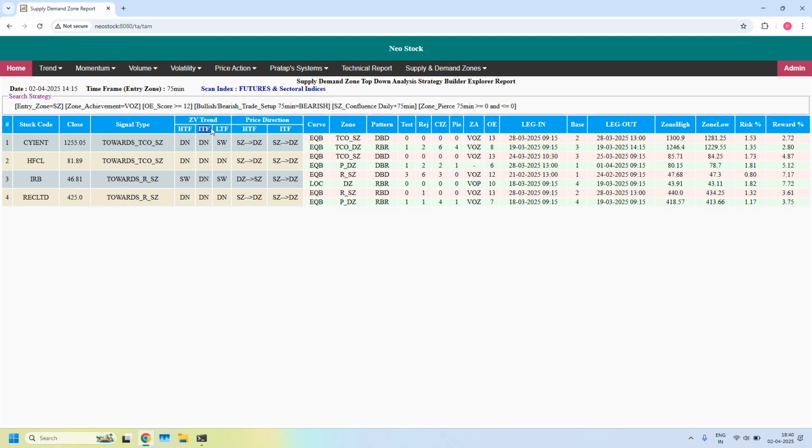And the daily trend, the ITF trend, is down in all the stocks. That is the reason: because the 75-minute supply zone is part of the daily supply zone, and if the daily supply zone has daily EMA confluence, then those stocks might have a higher probability of success. Let us verify.